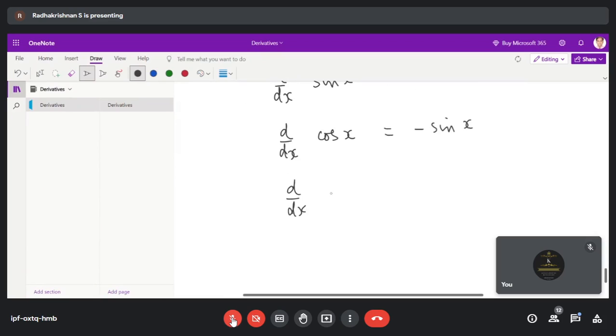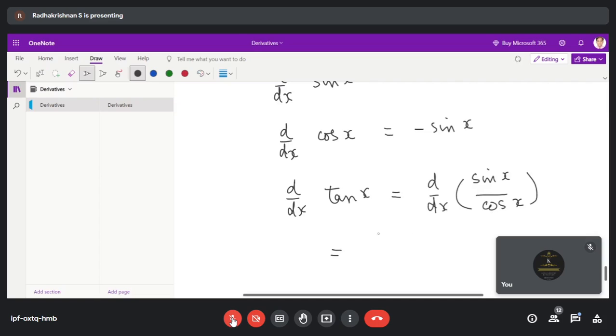Derivative of tan x. Not cot x. So you apply the quotient rule and tell me. Secant square x. So what is the quotient rule here? Tan x is sin x by cos x.